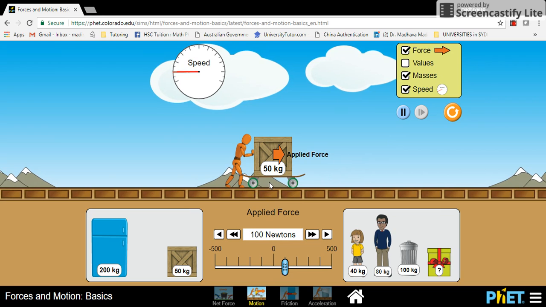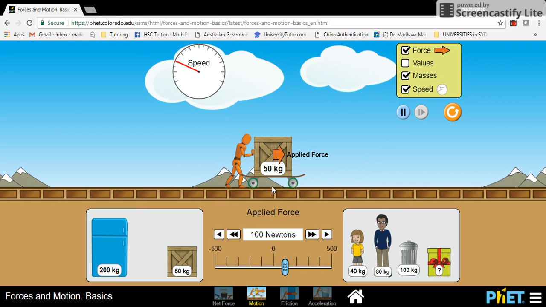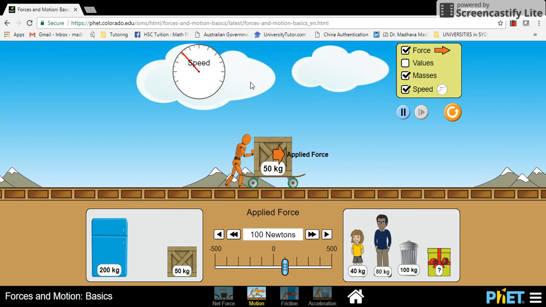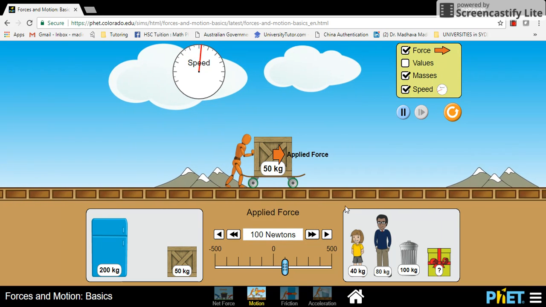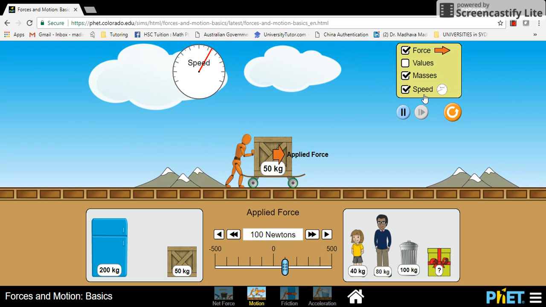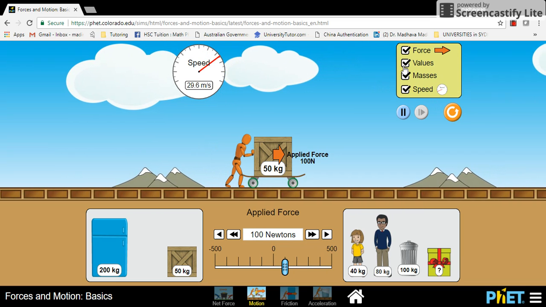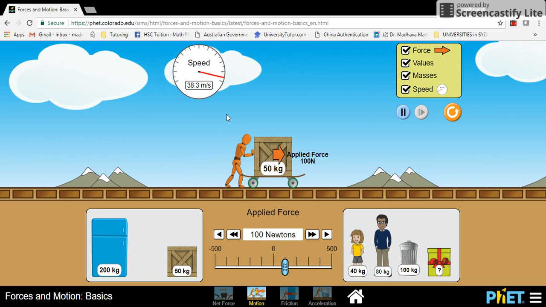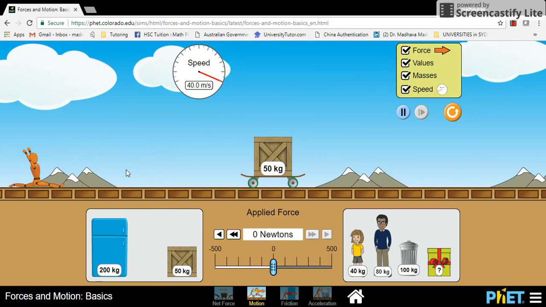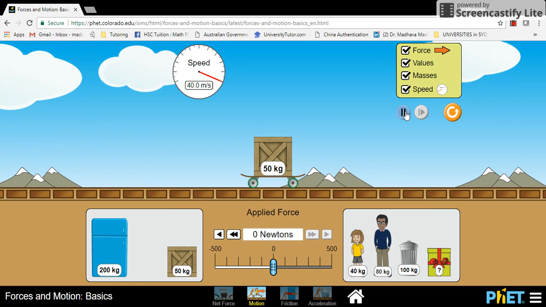Now you can see there is some applied force, and as you can see, the speed of the object is gradually increasing. This is because the force causes acceleration, and now the speed can be metered here. And let's stop the simulation right here.